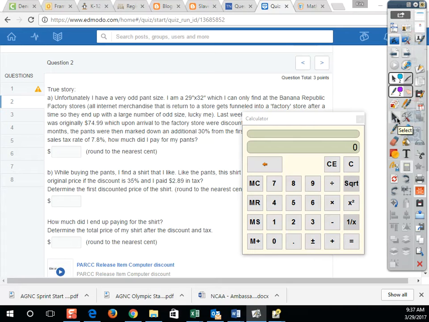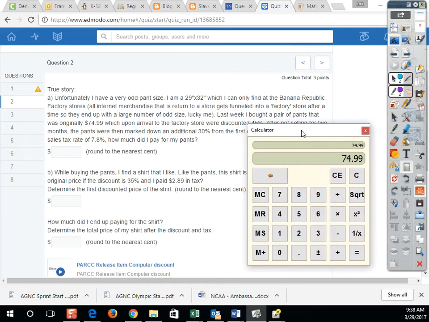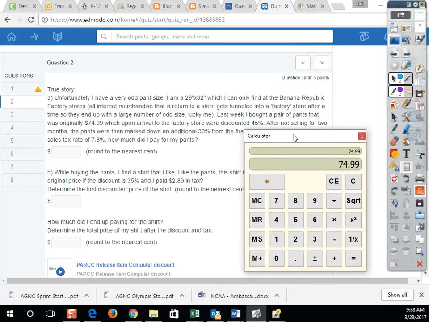We have $74.99, and my discounted price is 45% off, right? But if I take 45% off, that means 55% of the original price remains. So I'm going to multiply this by 0.55 because 55% remains.